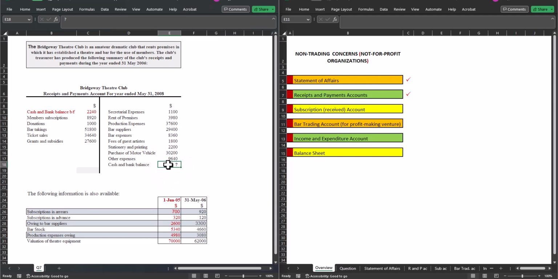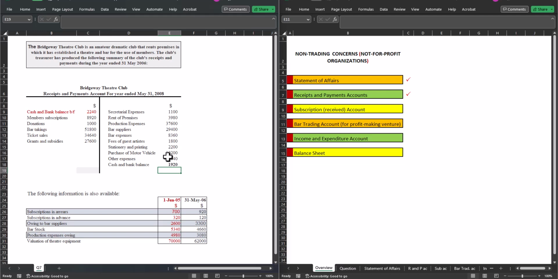So what would be done is to total the debit side and subtract the total of the credit side and find the difference. Okay.